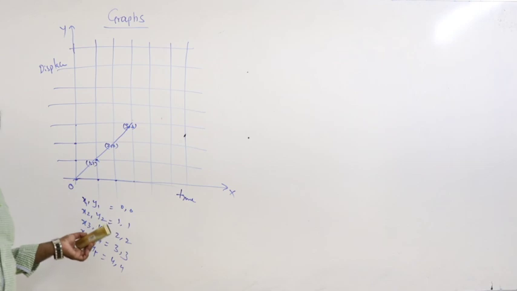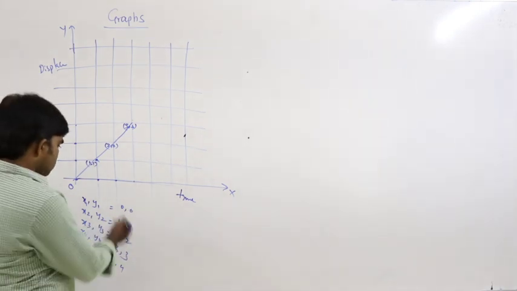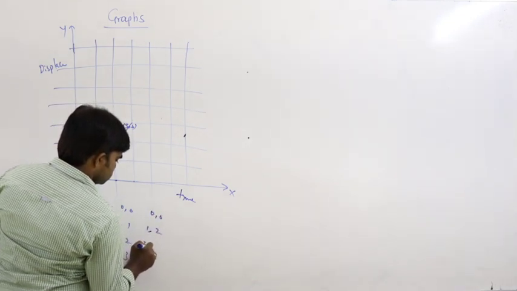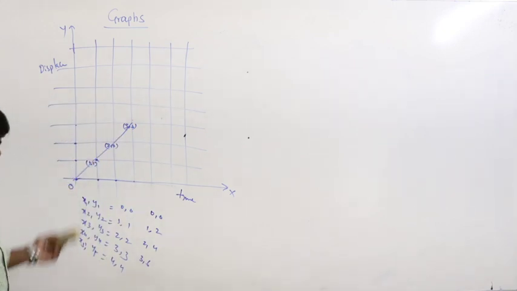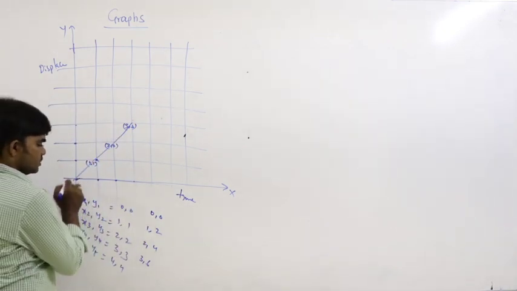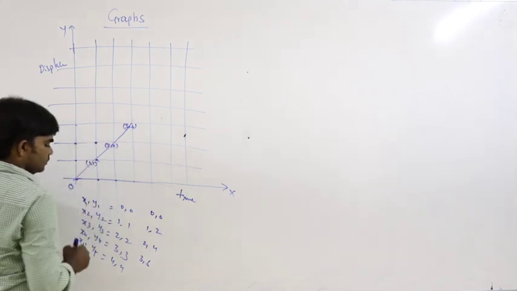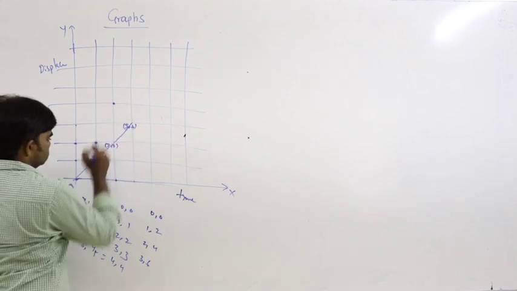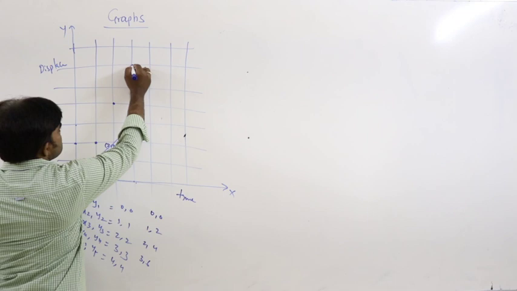I think all of you know how to draw these graphs. Or with values 0 0, 1 comma 2, 2 comma 4, 3 comma 6, like that, we can also draw. This is 1, this is 2; this is 2, this is 4; this is 3, this is 6.